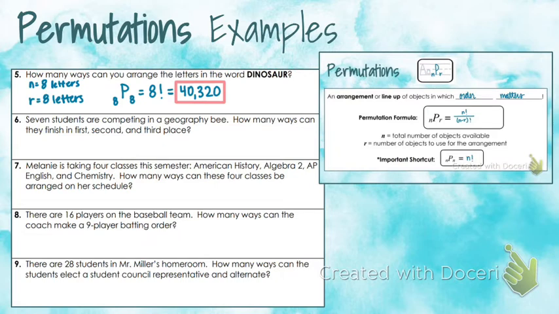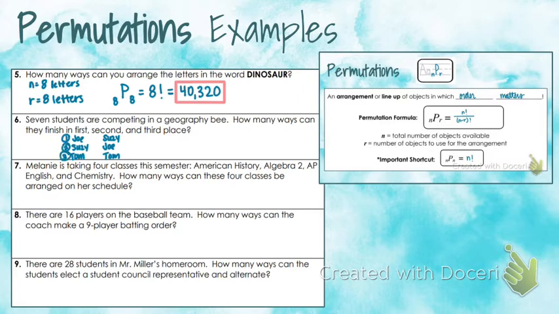Number 6 says 7 students are competing in a geography bee. How many ways can they finish in 1st, 2nd, and 3rd place? So once again, this is saying 1st, 2nd, and 3rd place, which means that order matters. If we pick Joe, Susie, and Tom, and then we pick Susie, Joe, and Tom, do those count as different things?